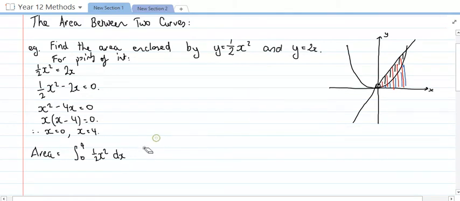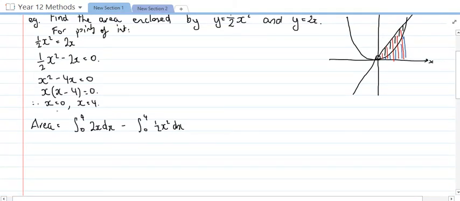So that's meant to be the integral between 0 and 4 of the upper curve, which the upper curve in this case is the straight line. So that is the integral between 0 and 4 of 2x dx minus the integral between 0 and 4 of half x squared dx.